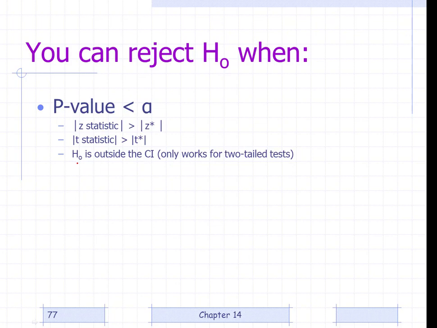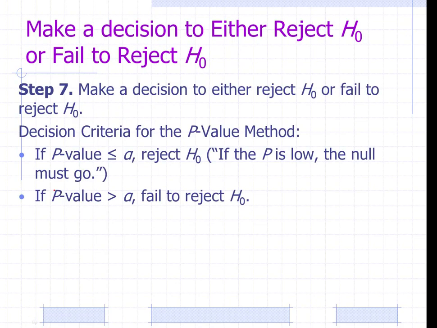Now, if you're doing a two-tailed test, you could do a confidence interval, and if your null hypothesis is outside the confidence interval, then you can reject it. And so we can either reject or fail to reject, and that is our phrasing.